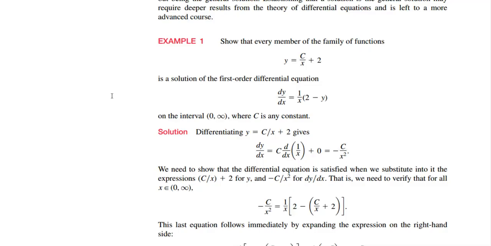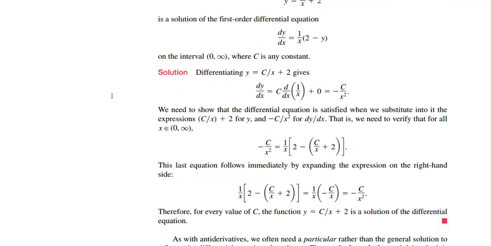We need to show the differential equation is satisfied when we substitute c/x + 2 for y and -c/x² for dy/dx. So we need to verify that for all x in the interval from 0 to infinity, -c/x² equals our dy/dx from before, (1/x)(2 - (c/x + 2)).